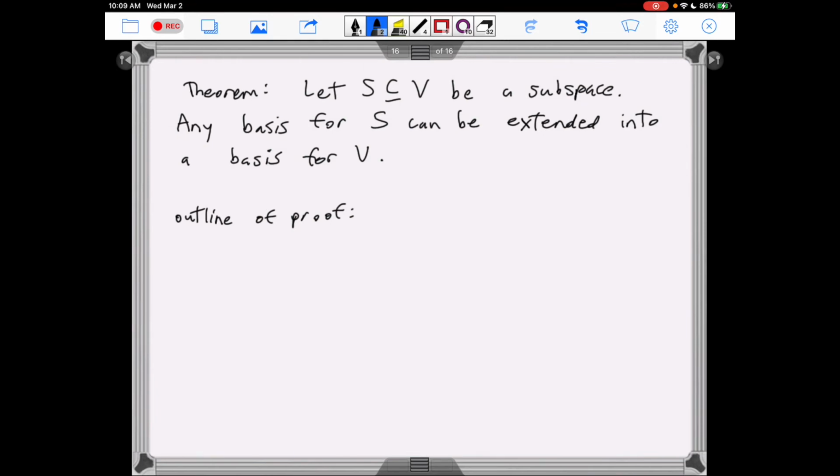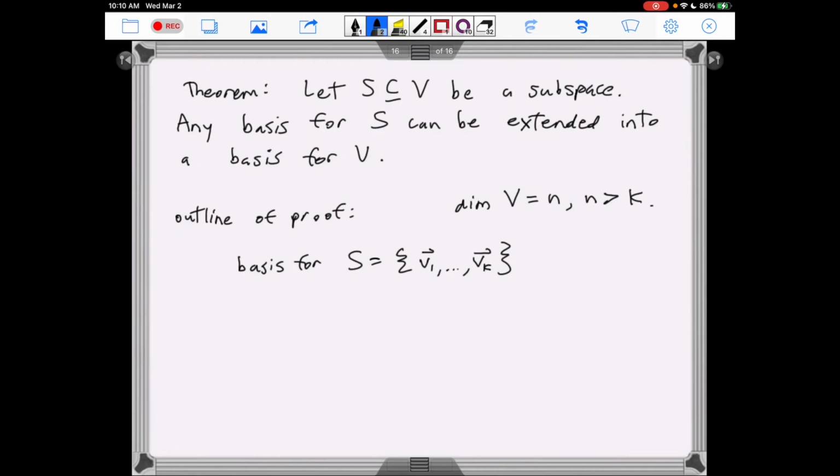I'm not going to go through this whole proof, but let's say that we have a basis for S, and let's suppose that that would be v1 all the way to vk. And let's suppose that the dimension of V is n, where n is larger than k.